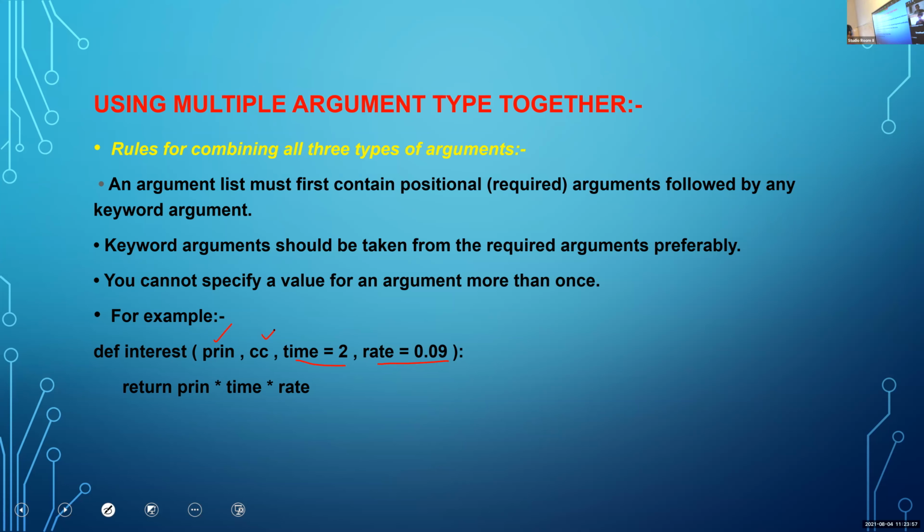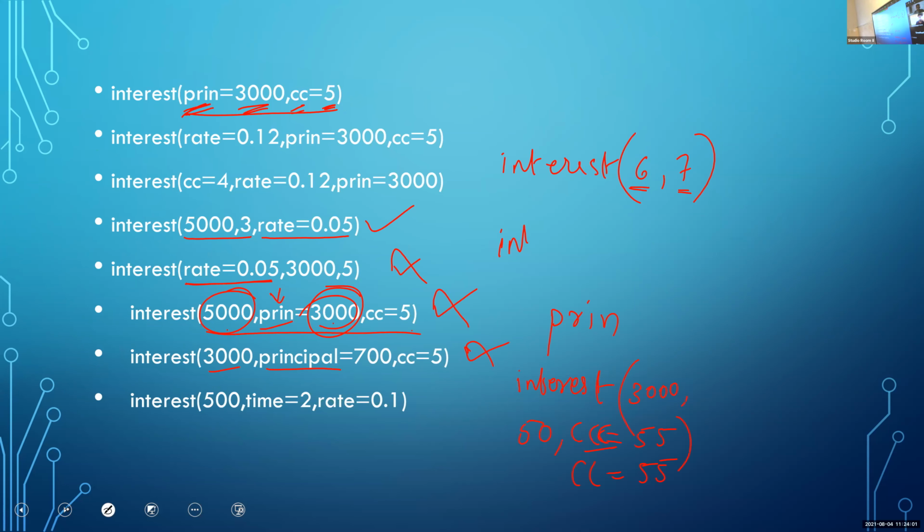Okay, then what about the last function call? Srihari? Not valid. Why? CC doesn't have a value. Here time has value 2 and rate 0.1.